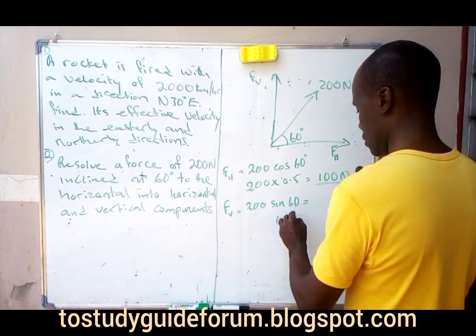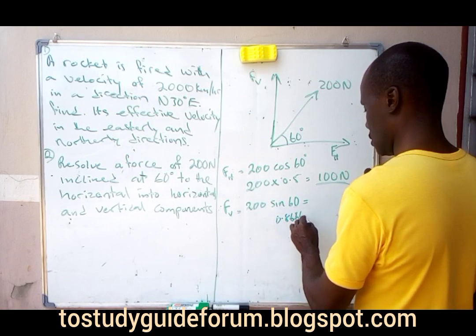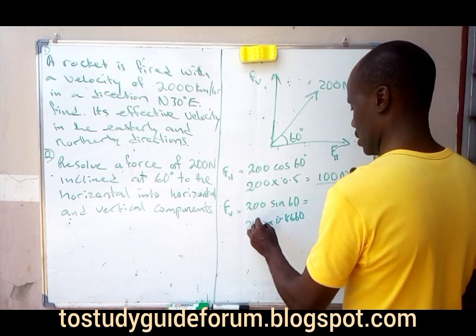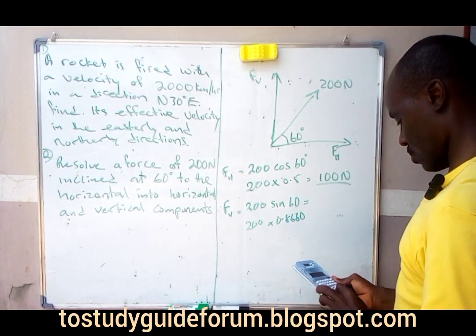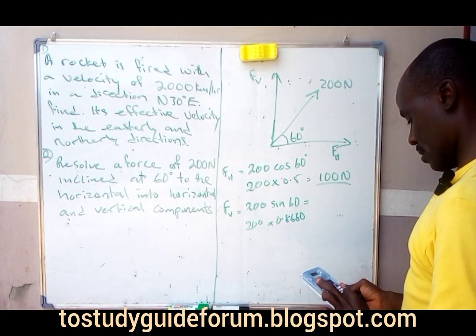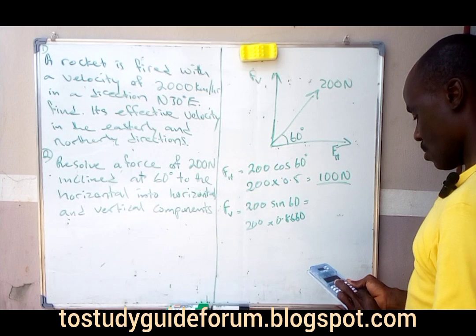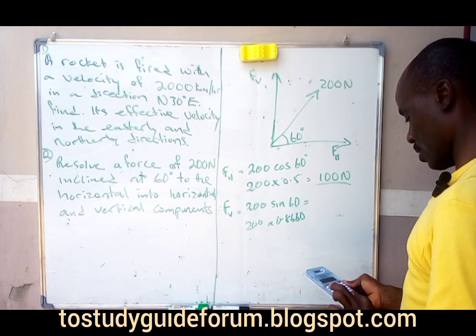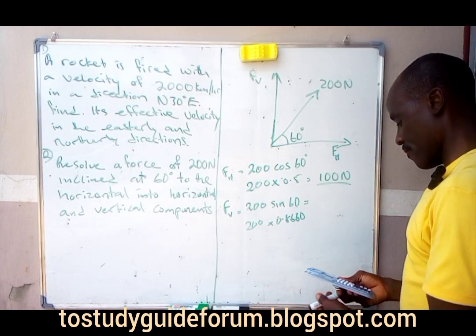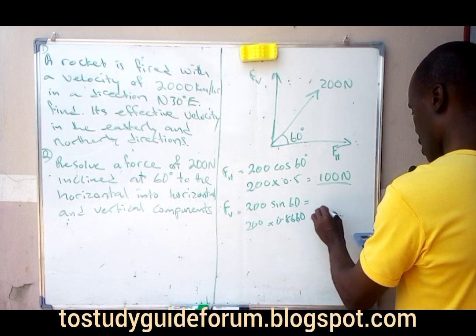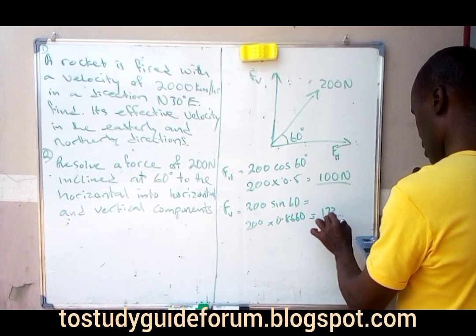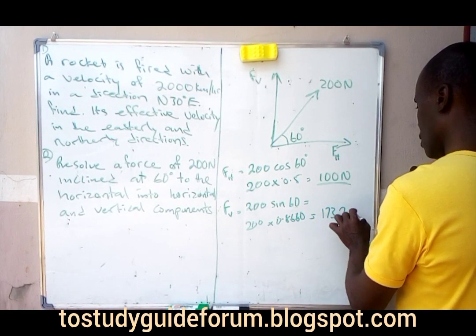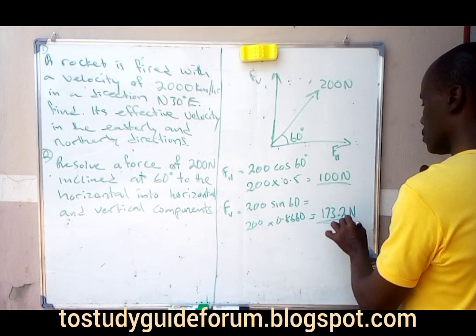We have sine 60 times 200. The answer will be 173.2 Newton. That's for this.